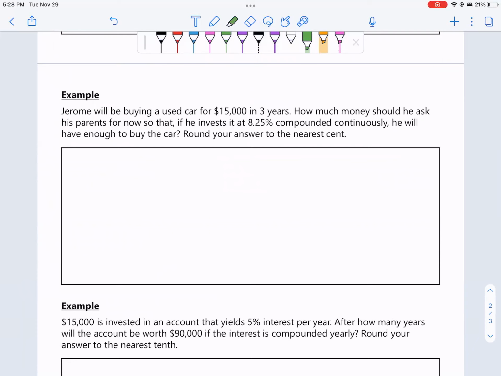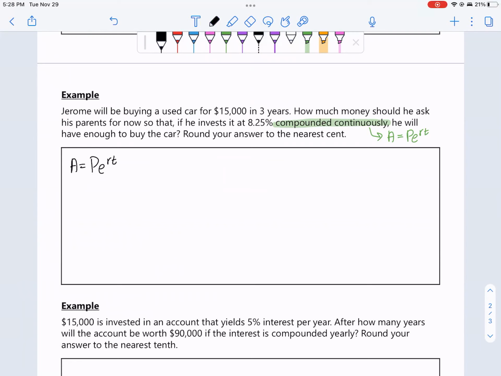All right, first things first, we see this word compounded continuously. And that means that we're using the PERT formula, P e to the RT. That is the formula we will be using.